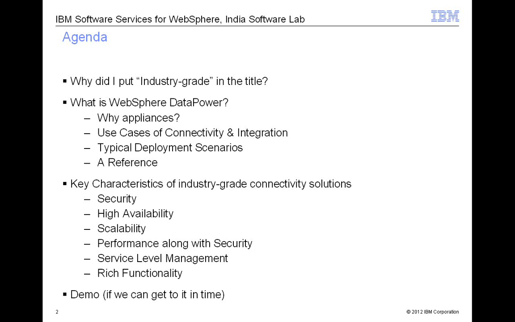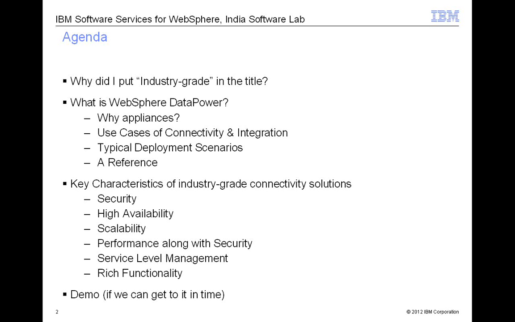We're going to be looking at security, high availability, scalability, performance, service level management, and providing rich functionality as well. And if time permits, I want to show you all a demo of logging into a DataPower device here in IBM Bangalore, and show you some cool features that we have in the device.